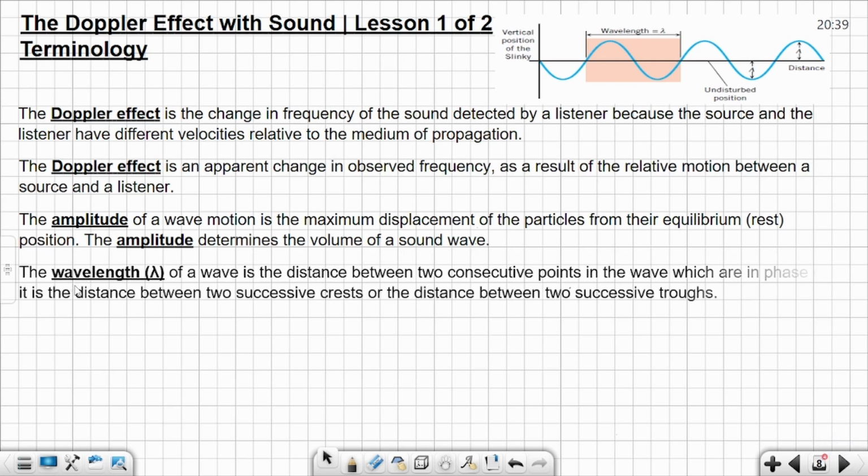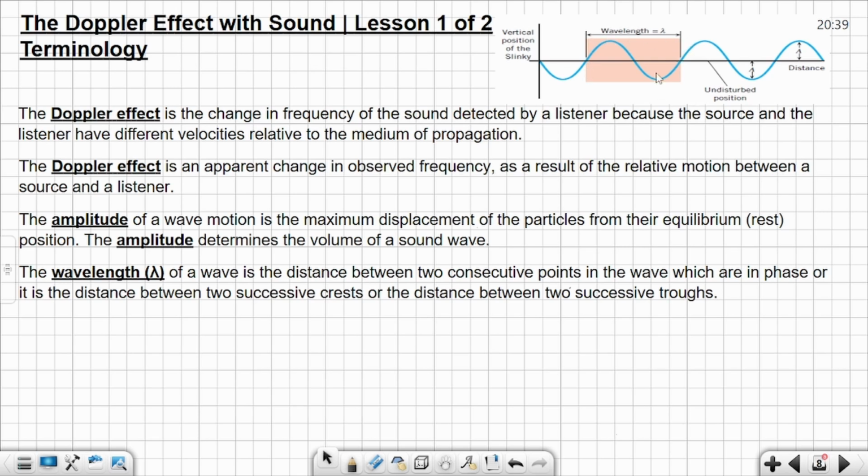Okay, the next terminology, the wavelength of a wave is the distance between two consecutive points in the wave which are in phase, or it is the distance between two successive crests, or the distance between two successive troughs. So this is your wavelength. Can you see, from that point to that point, this distance is the wavelength.